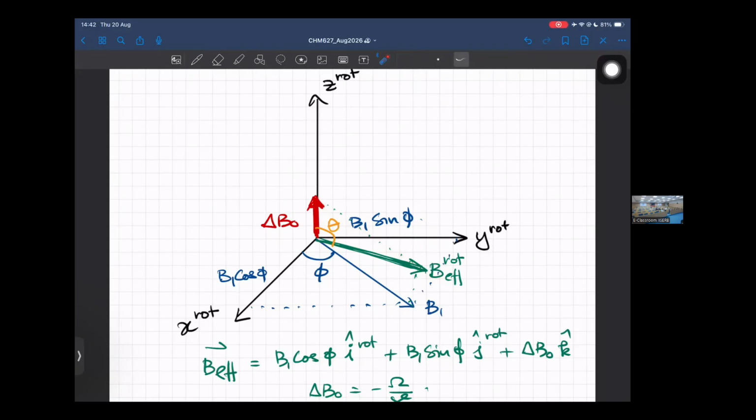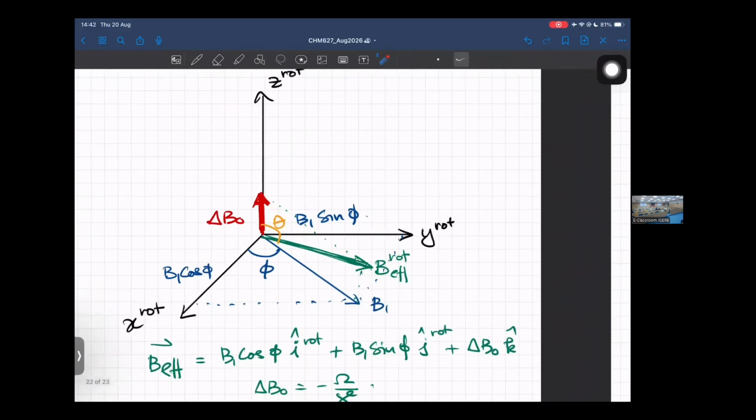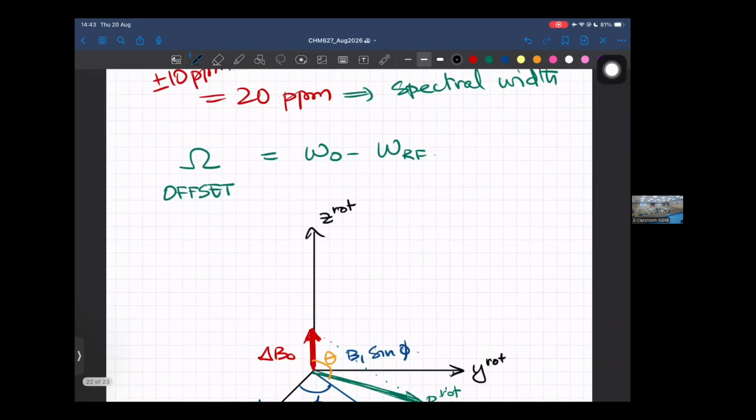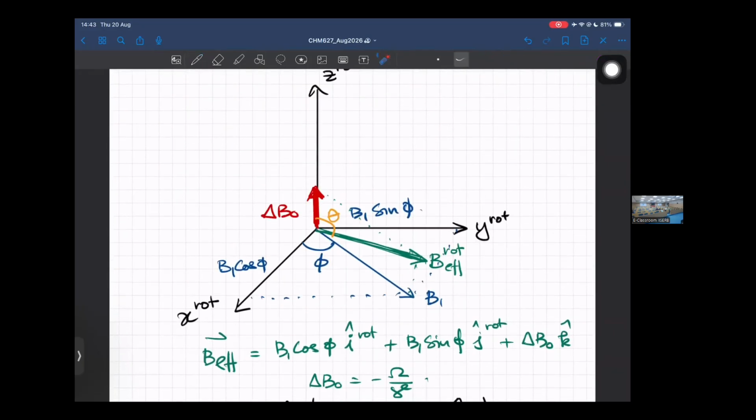Right? Yeah. So therefore, what's going to happen here is that if the field that you're applying is strong, let's start with something easy. When your offset is 0, you realize that theta is 90 degrees, because something divided by 0 is not determined, and tan inverse of infinity will be 90. So that means if you are applying an on-resonance pulse along the x-axis, the B effective is along the B RF itself.